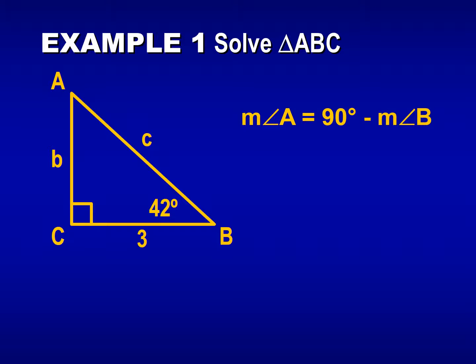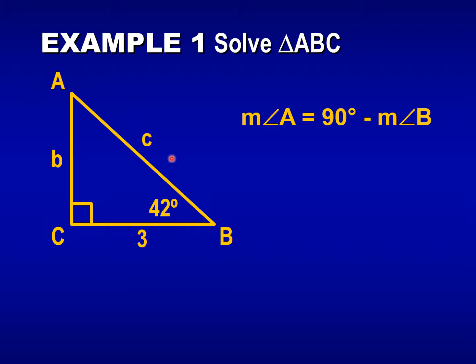And we know that angle C is 90. So if angle C is 90, that means that angle A and angle B also have to add up to 90.